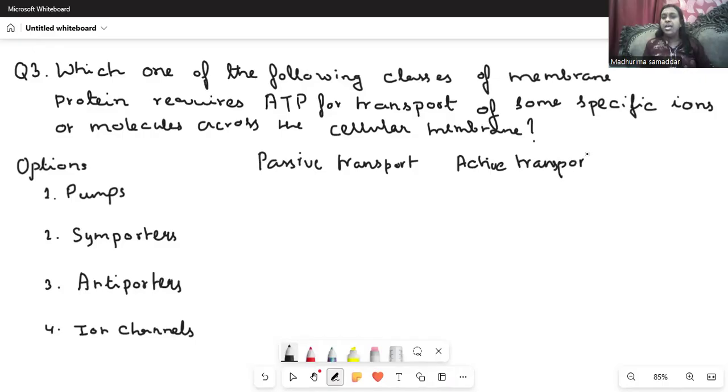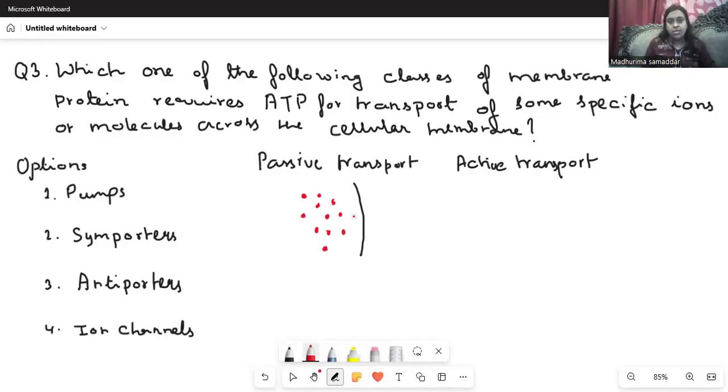So basically, passive transport means when the molecules and ions are transferred across the cellular membrane in favor of the concentration gradient. What does it mean? That means if the molecule, suppose here it is higher concentration, this side of the membrane, it is higher concentration.